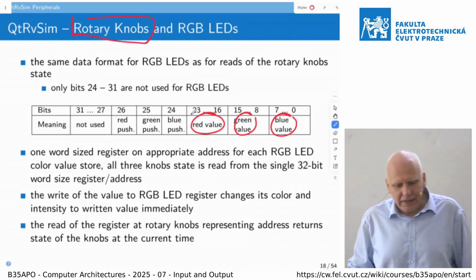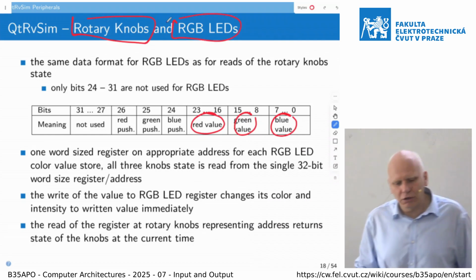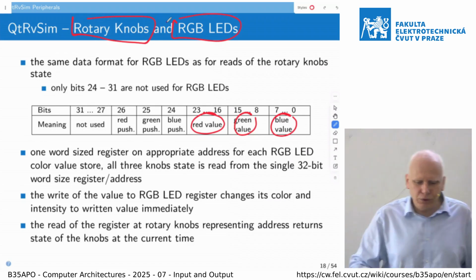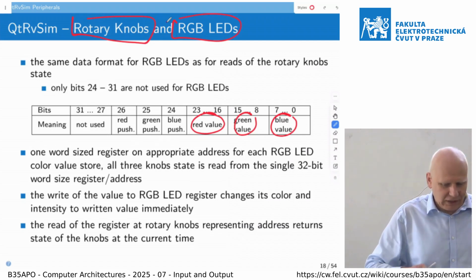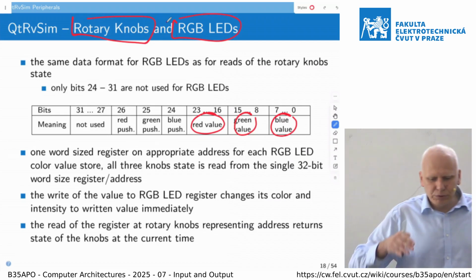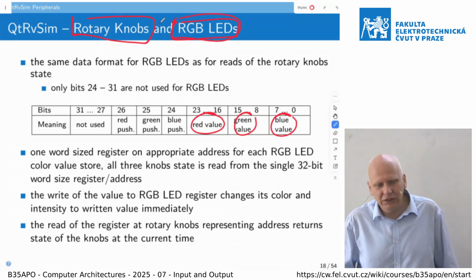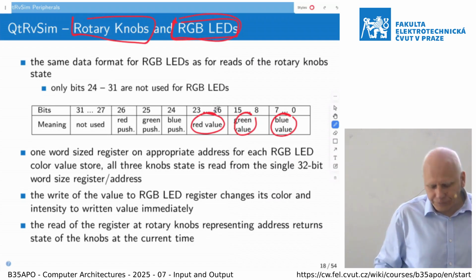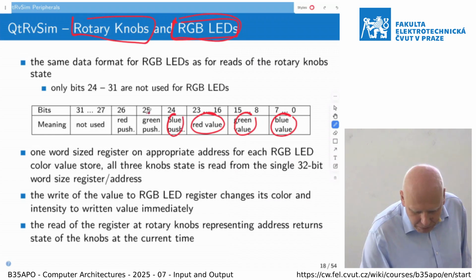And we have the RGB LED with the same mapping of the color components, which we have 2 of on our simulator. If you read this value with a single load word operation, and in the next step you store it to the RGB LED output register, then the LED changes color according to your tuned value. Then you can read 3 push buttons.